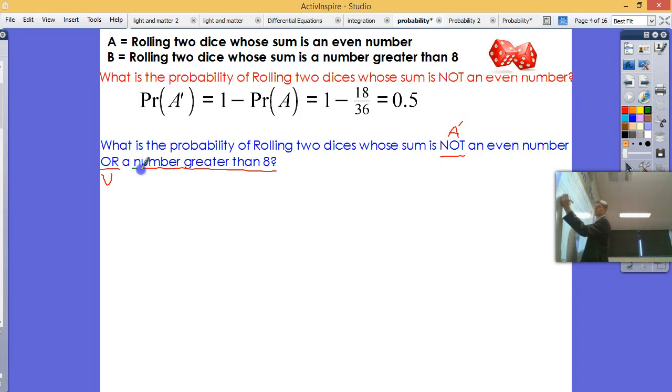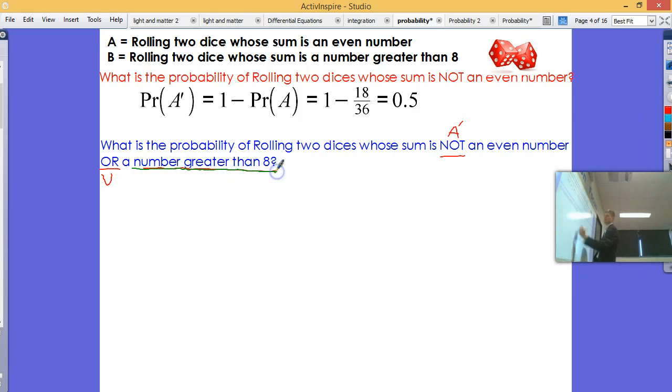It's important to be able to read a probability question and identify the event that's occurred, and we're defining the events, such as here. Number greater than 8, well, that's event B. And then whose sum is not an even number, that's event A.